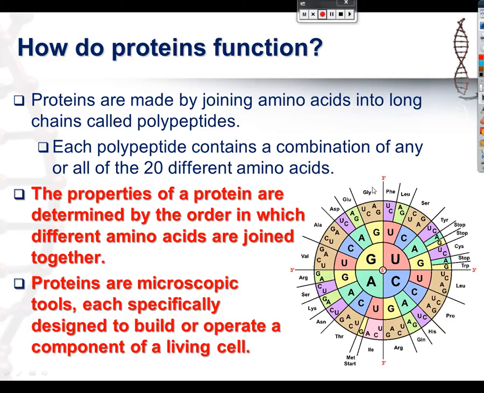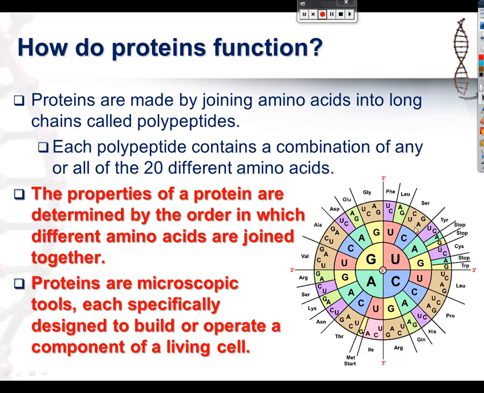For example, in serine, this particular amino acid, there are 4 different codons that make that amino acid. Uracil, cytosine, and any one of the other 4 repeated again.